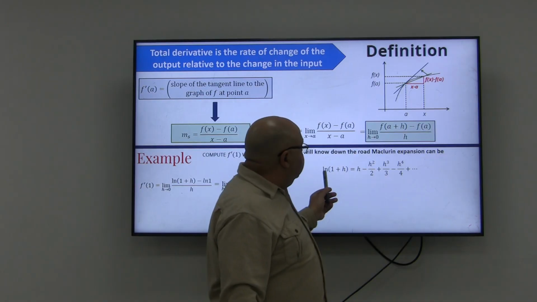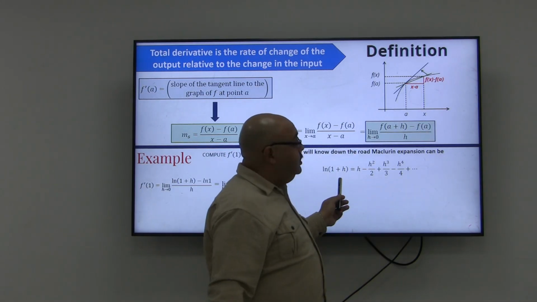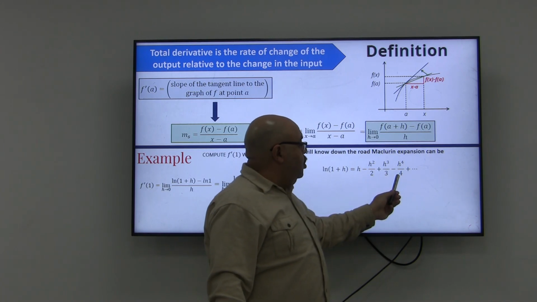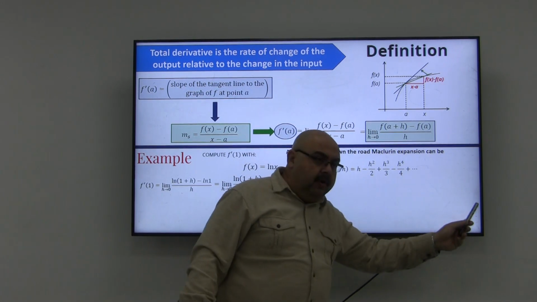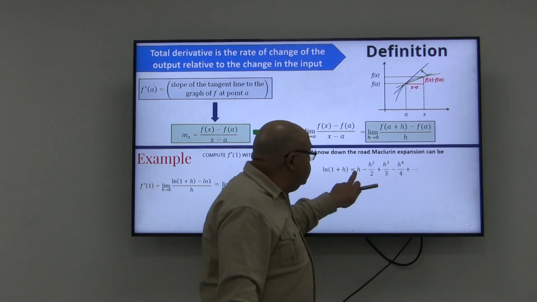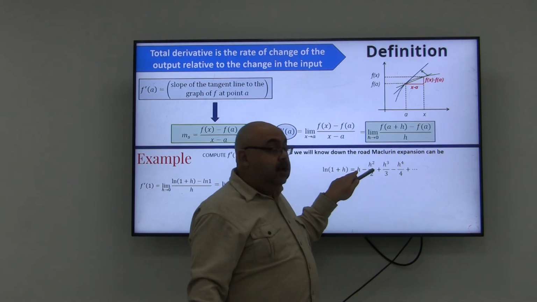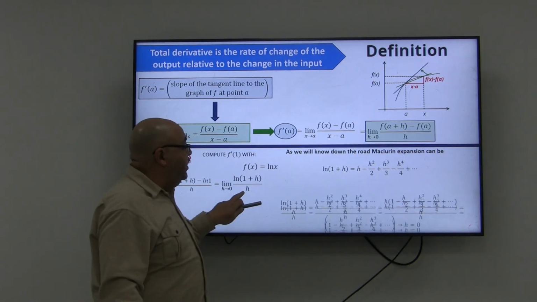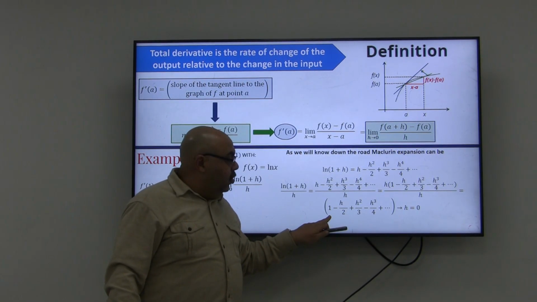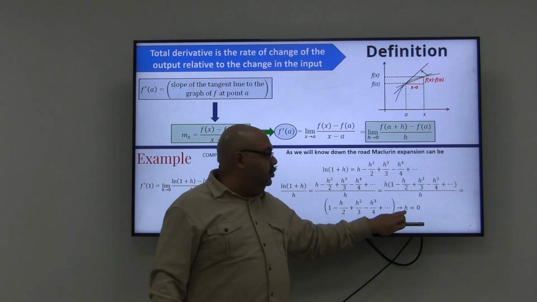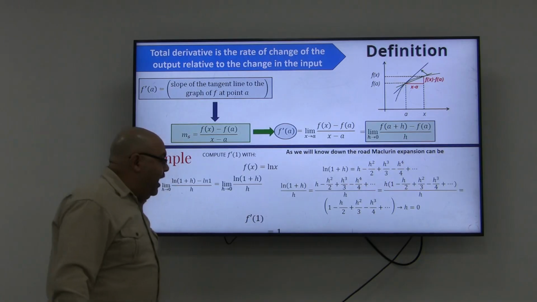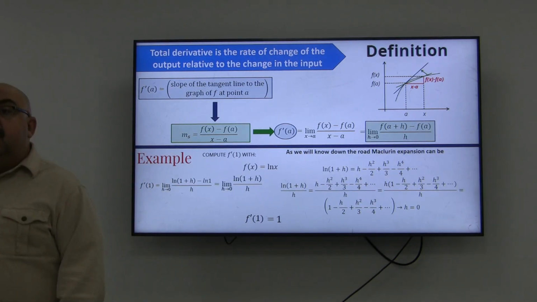So instead of having ln 1 plus h, I will use h minus h squared over 2, h cubed over 3 minus h power 4 over 4, and so on. If you take this expansion, you will remark all the terms contain h. Take h as a common. So it will be cancelled with your denominator, and you will end up having this series. All I have to do is to substitute h equal to 0. So all of these terms are going to be cancelled, and the value is equal to 1.